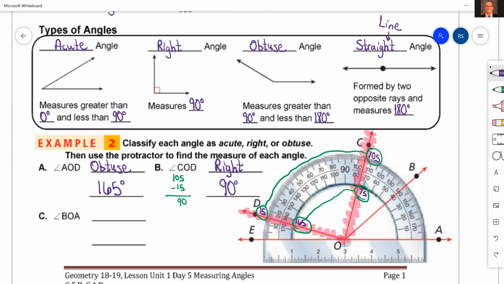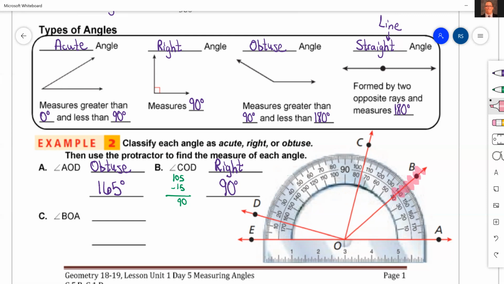Okay. Next one, angle BOA. Let's erase all of this so we get a clean picture here. Okay, angle BOA.